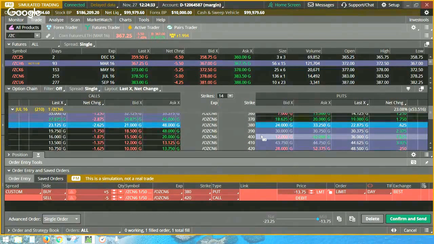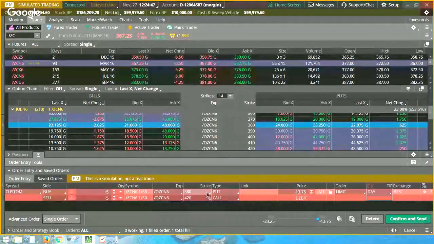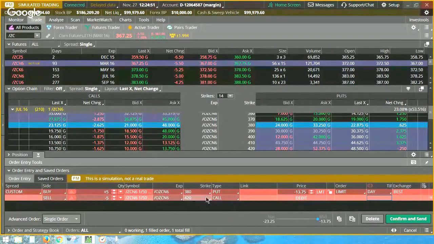So this is going to cost us about 12, 13 cents, just like the first strategy. What I did here is you got the buy, contract, expiration, and then the strike price is 380 on the put, and you're going to sell that same contract, but it's a call and a 420 call, out of the money call.